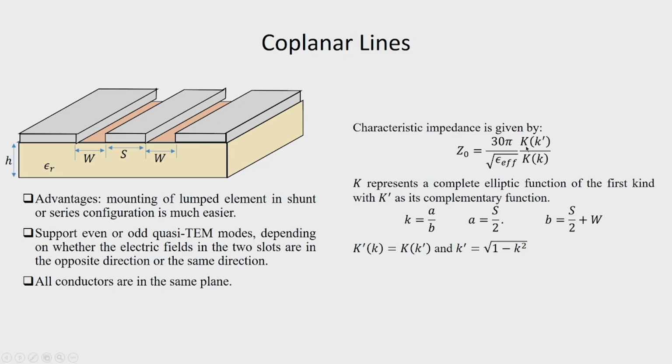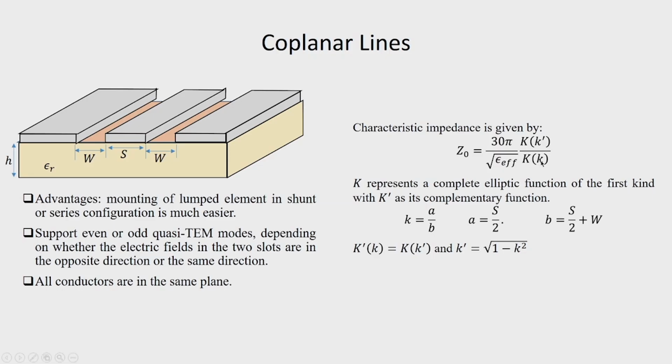Now, this capital K represents the complete elliptic function of the first kind, and capital K dash is actually its complementary function.